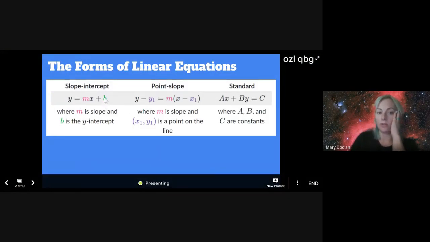You plot the y-intercept and then you use the slope to plot more points. There's point-slope form. You can plot the point they give you and use the slope from that point to plot more points. And standard form. You can find the x and y intercepts quickly, plot those, and connect the line that puts them together.